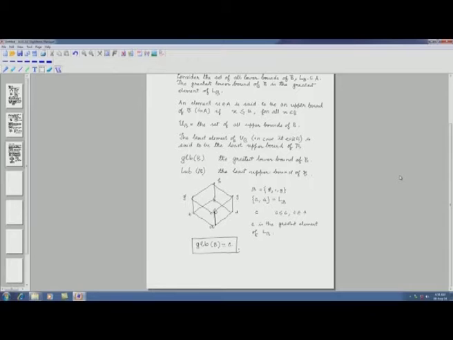Now, the question is that does this set have a least upper bound? For that we have to first try to find out the set of upper bounds.